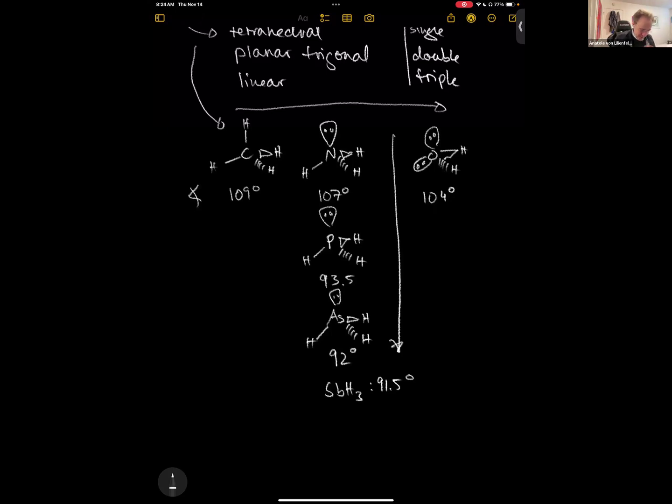So this also explains why in the hybridization cases you would encounter planar geometries, and linear for sp hybridization.